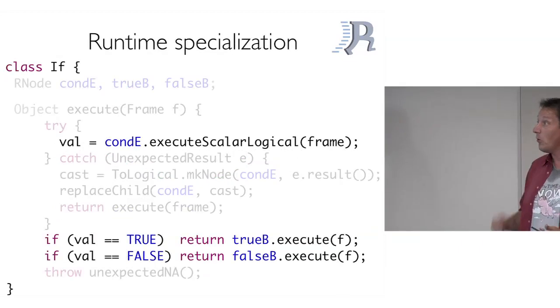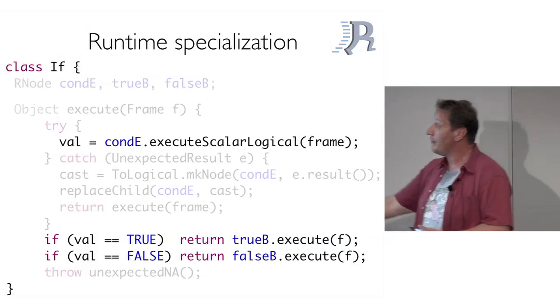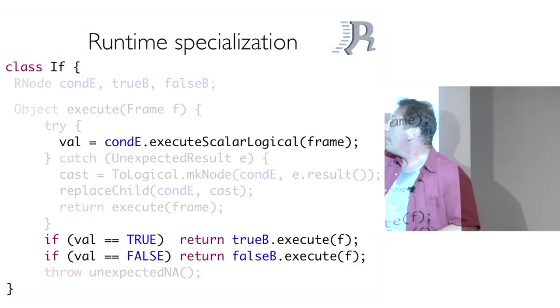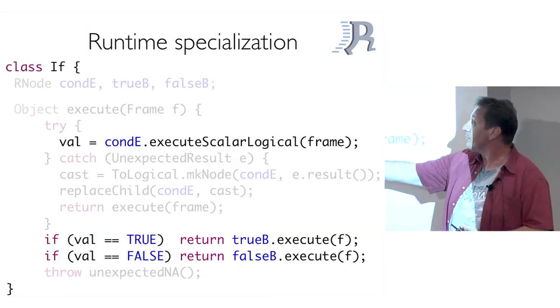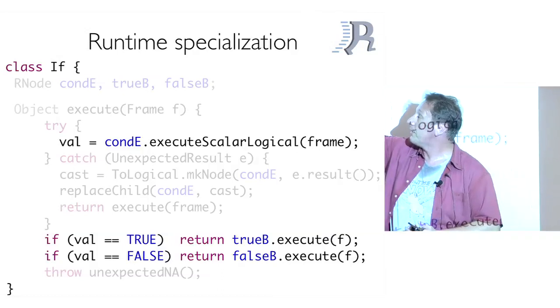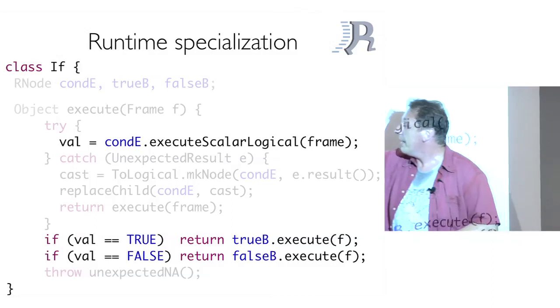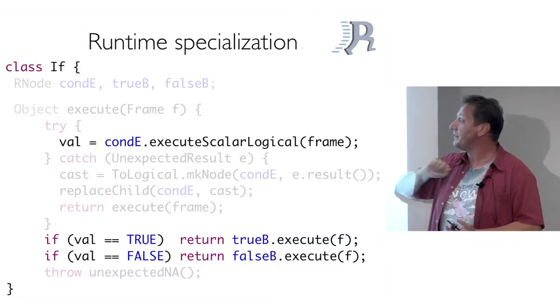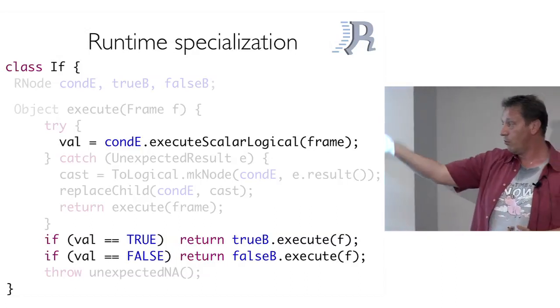So what does the code look like? This is the code of our if call, and the if call says, optimistically, evaluate the condition. If has 3 nodes, a condition and true and false branches. Optimistically evaluate the condition, assuming that it's going to give you a scalar logical, a Boolean.